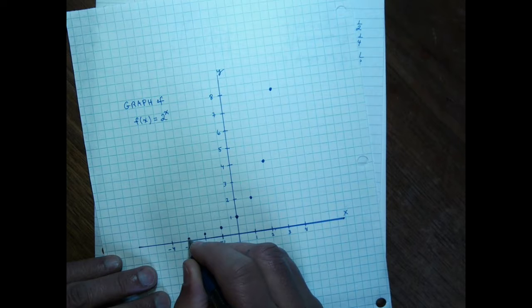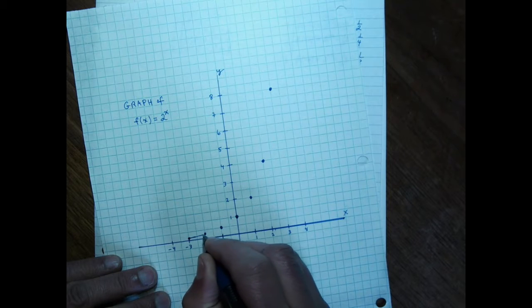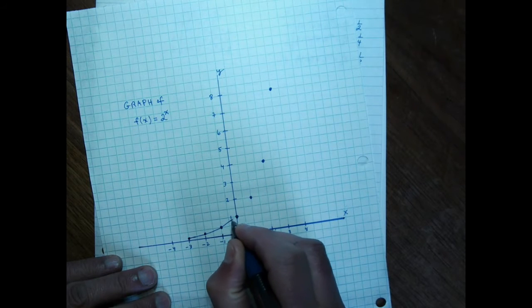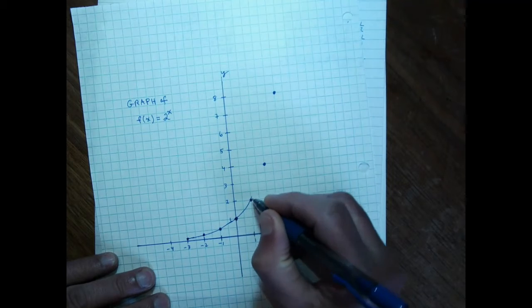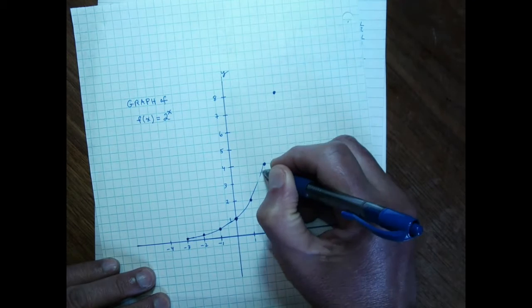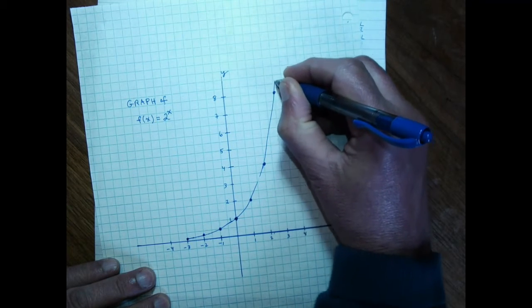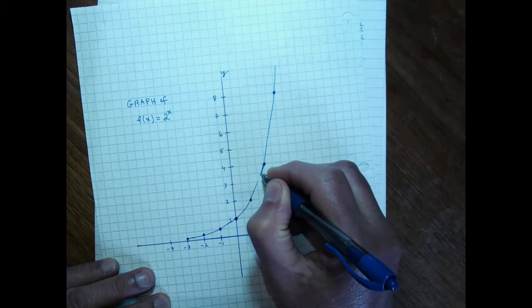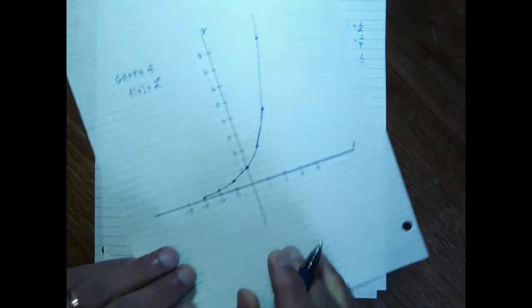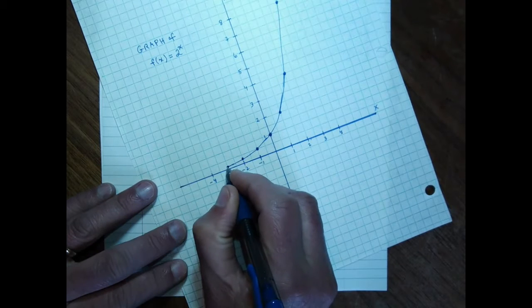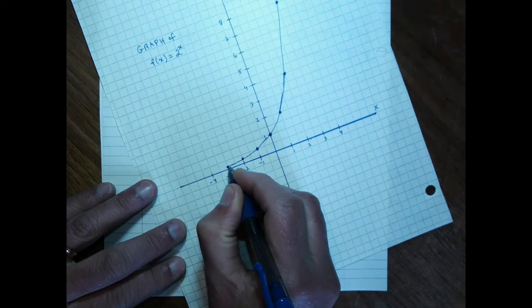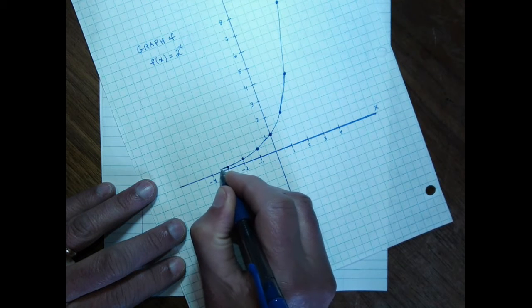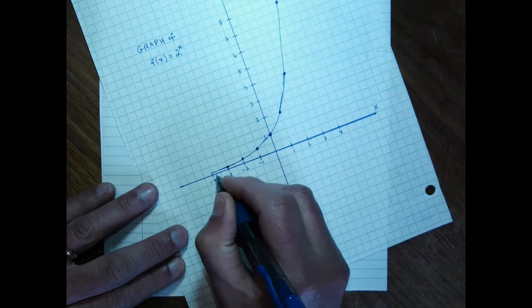And I can see that there's a curve that would fit these points, shaped kind of like so. It appears that I'm flattening out as I go off toward negative infinity.